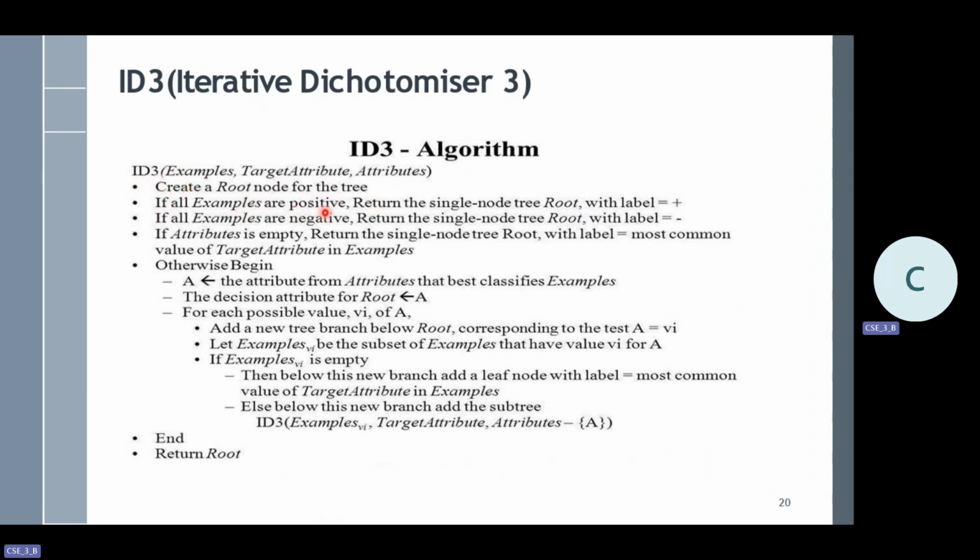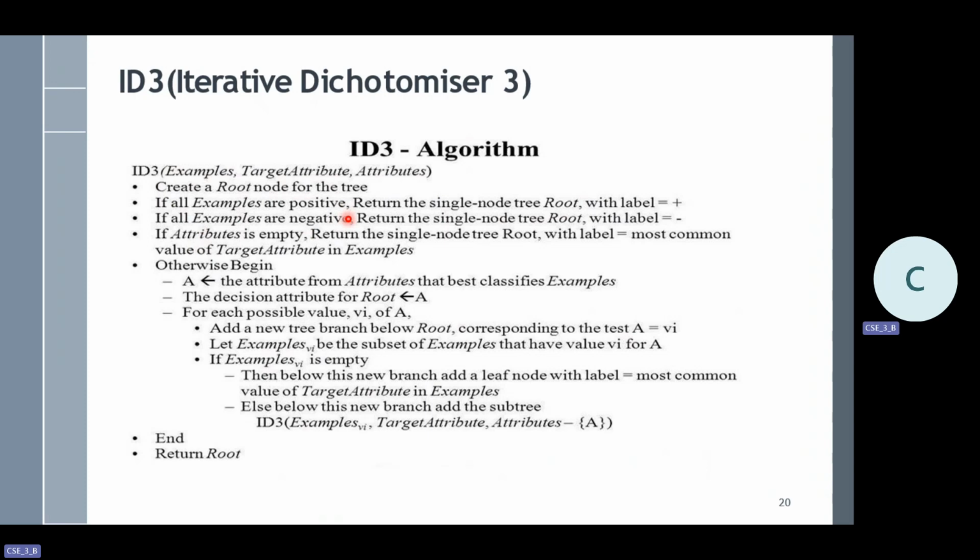If all the examples are positive, return the single node tree root with the label positive. What happens if all the examples are positive? The entropy will be 0 because it is properly classified. Similarly, if all the examples are negative, again in this case the entropy is 0.